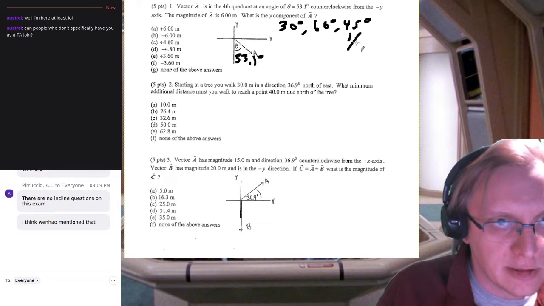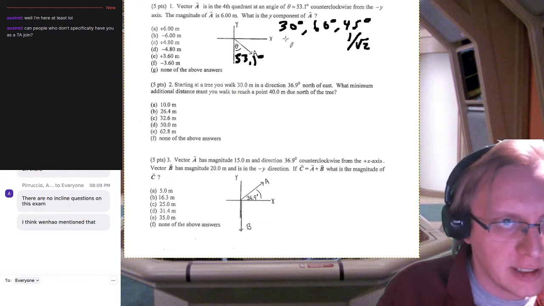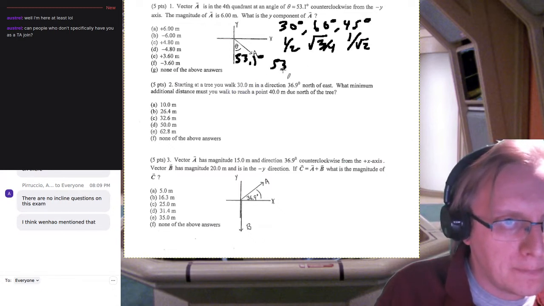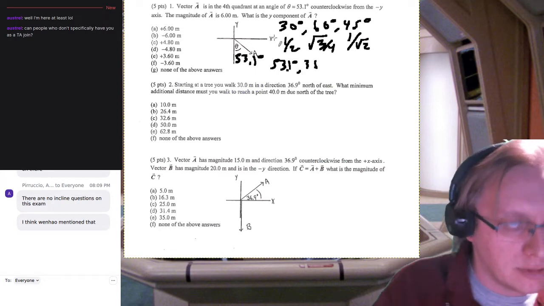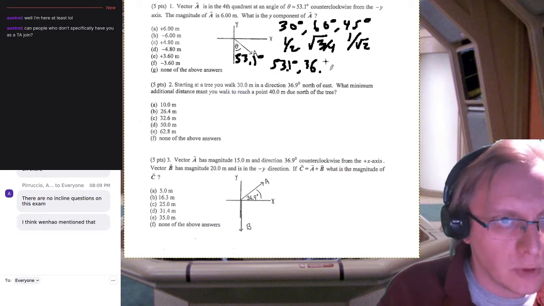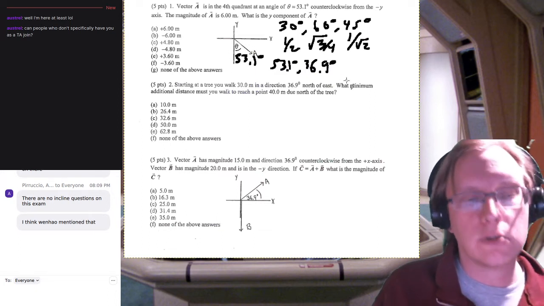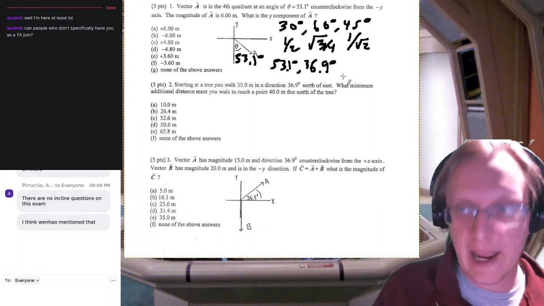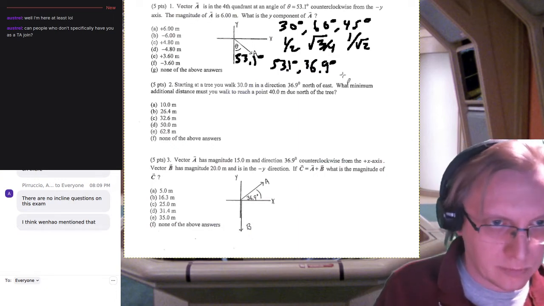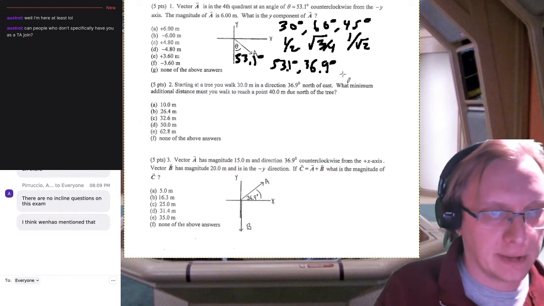This one makes a lot of 1/√2s, and these make lots of 1/2s and roots of 3/4, when you go through trig functions. 53.1 degrees and 36.9 degrees are also very common angles for Dr. Ford and also for anyone else who's following his exams, such as Wenhao and Vladimir.